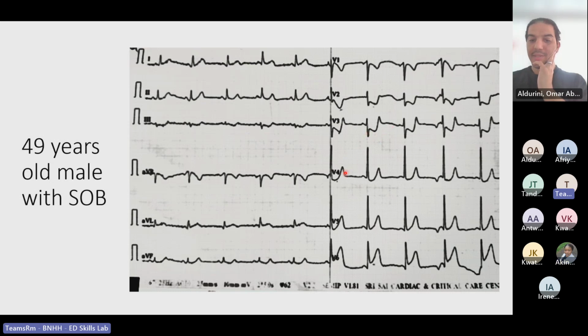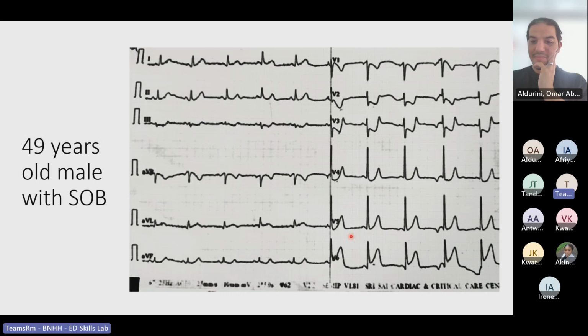Yeah, depressed as well. Okay, what about V4? So V4, yes, on the second wave there is also a slight depression.